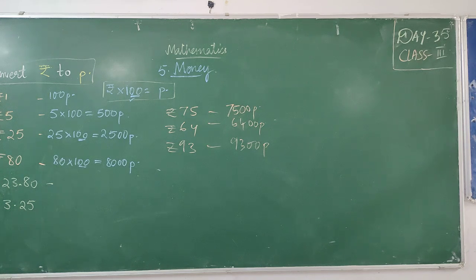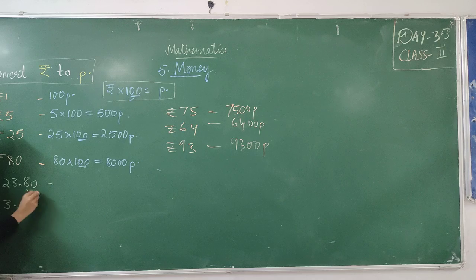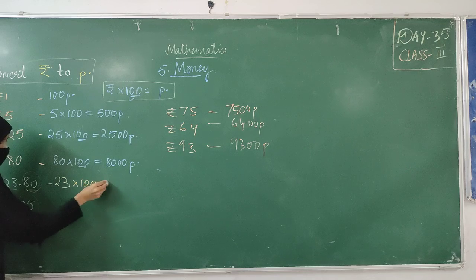Okay. Now, again it is the same thing only. You have to multiply 23.80 into 100. So, this 80 is already in paise form. Before the point, you have to convert that part into paise. This 80 and 25 are already in paise. You have to change only this part, before the point. So, what you are doing, I am showing the big method here. 23 into 100 you will do.